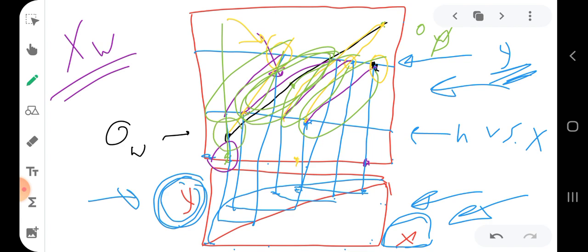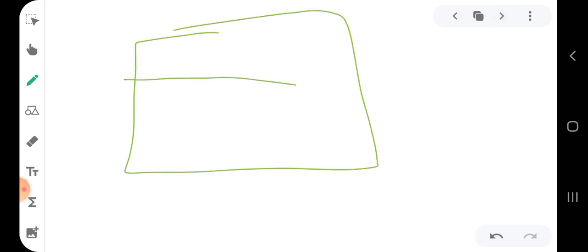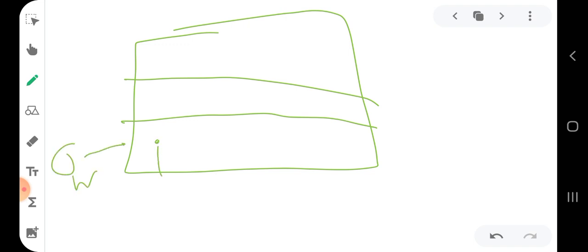See here, this is XW. This OW will have XW here, and it will have some number here.